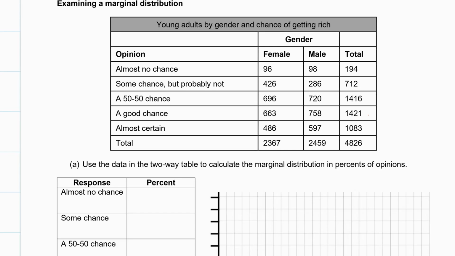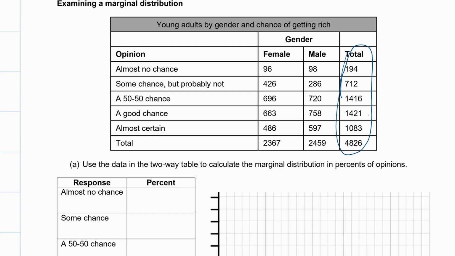Let's examine looking at marginal distributions. Here we have that data about chances of getting rich. We're going to look at the marginal distribution of those opinions. So we are only going to be looking at this portion of the data. We're going to ignore temporarily the gender data and just say, what about these opinions?